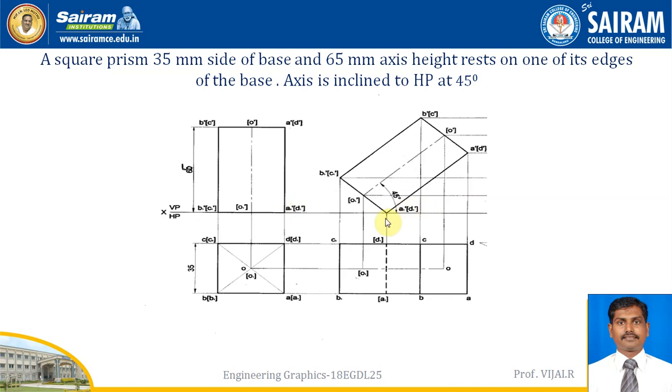So you can draw this angle 45 degree and measure this distance, mark it here, measure this distance, mark it here, you will get the rectangle. And for the axis also, you can measure the distance from here and get the axis.